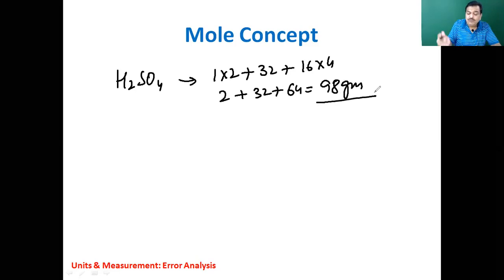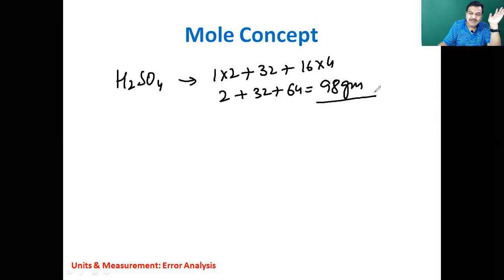So if you want to make a 1 mole solution of sulfuric acid, then you must take 98 grams of pure sulfuric acid and dissolve it in 1 liter of water. You say the molality of this solution is 1 mole of sulfuric acid.